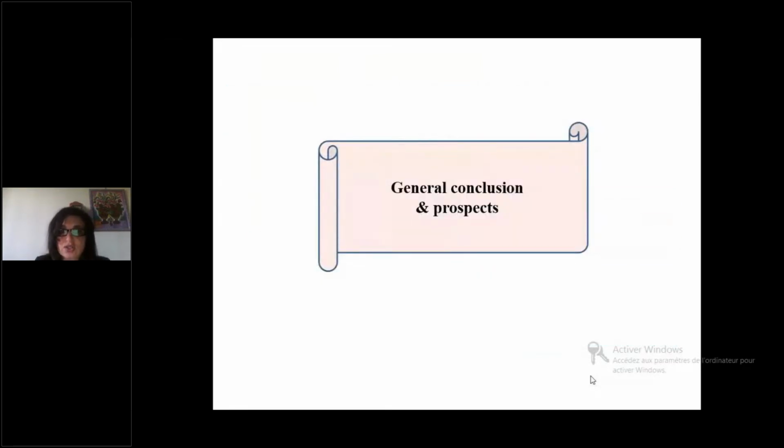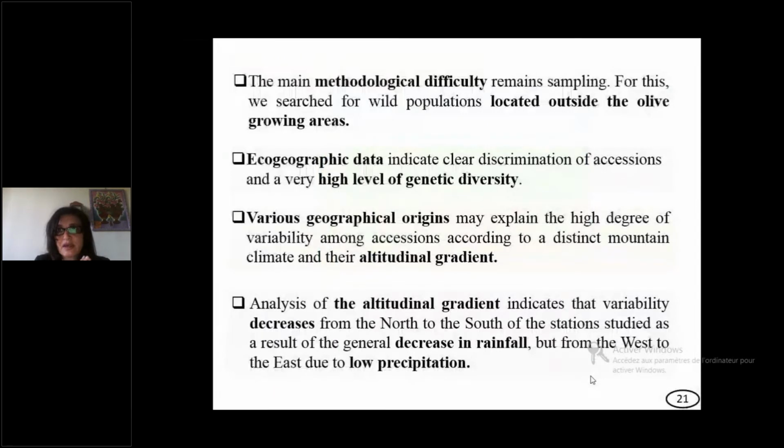In general conclusion and prospectus, the main methodological difficulty remains sampling. For this, we should look for wild populations located outside the olive growing area. The second point is that ecogeographic data indicated clear discrimination of accessions and a very high level of genetic diversity.